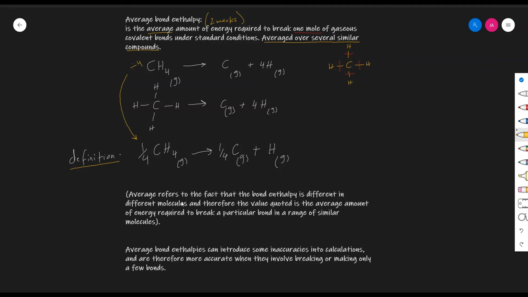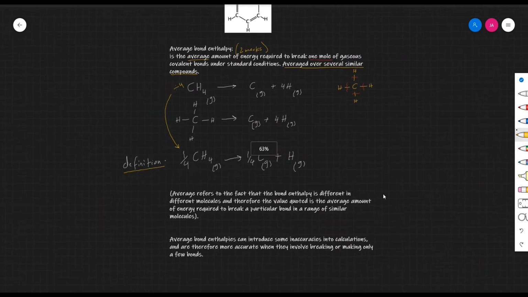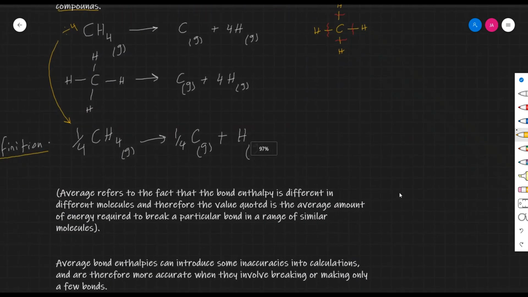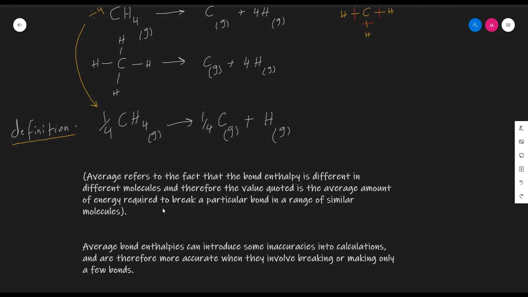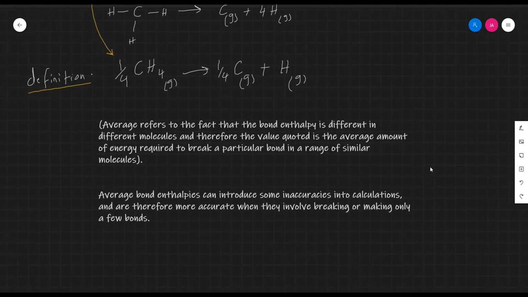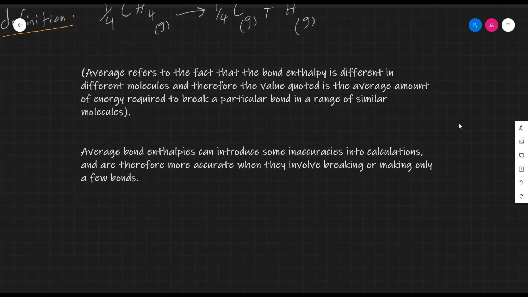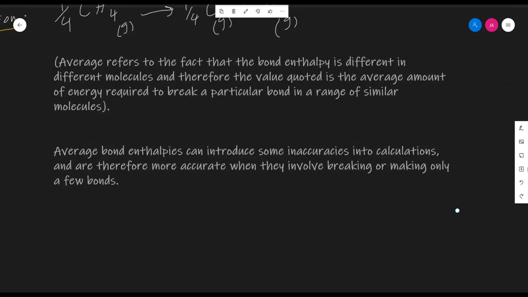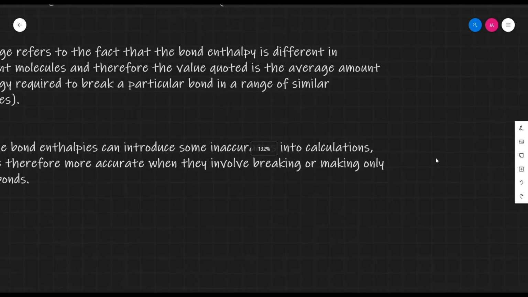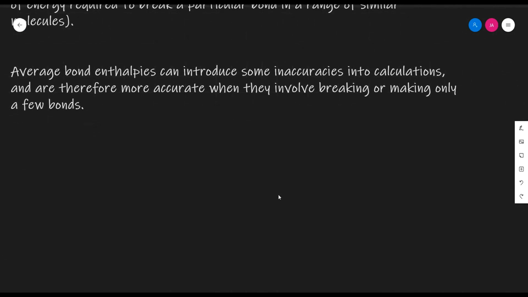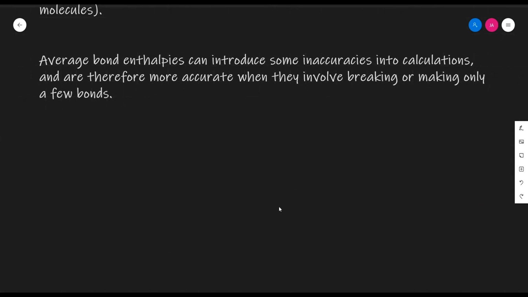I've restated this here. Average refers to the fact that the bond enthalpy is different in different molecules; the same bond has a different enthalpy in similar molecules. Therefore the value quoted is the average amount of energy required to break a particular bond in a range of similar molecules. Thus, average bond enthalpies are not as accurate as using enthalpy changes of combustion or formation values, since those values are determined experimentally, while these values are averaged over several similar compounds.